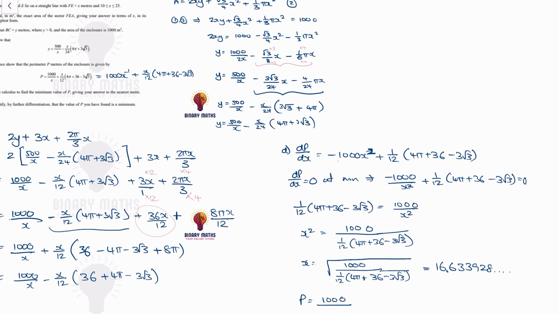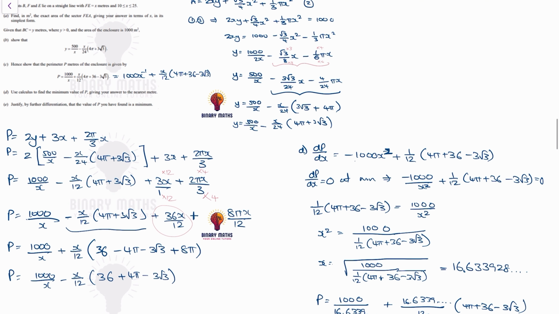1000 over 16.6339 blah blah blah plus 16.6339 blah blah blah over 12 times 4 pi plus 36 minus 3 root 3, which gives a value of 120.2361 in my calculator, which means if I need to find it to the nearest meter, I get 120 meters.